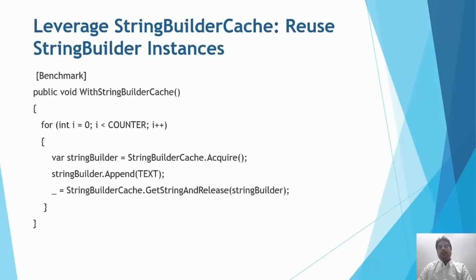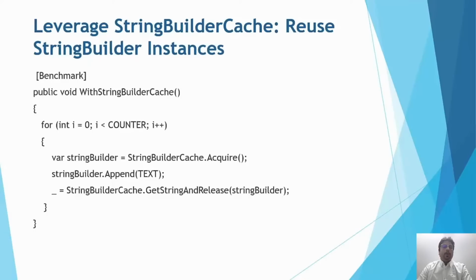If not, a new instance will be created and returned. From then on, the application uses that instance. That means here in this loop, you will use this instance to append text, and then when you make a call to GetStringAndRelease, the string that has been stored in the string builder instance will be returned, and the string builder instance will be released so that it goes back to the cache again. That means it is available for reuse.